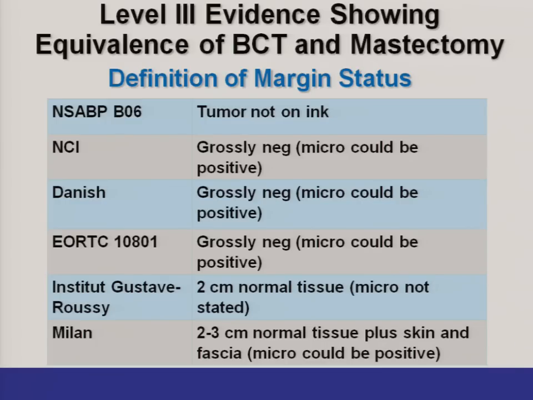EORTC, grossly negative. Microscopic could be positive. Gustave Roussy, 2 centimeters of normal tissue. They didn't state what the micro was. Milan, 2 to 3 centimeters of normal tissue. Microscopic could be positive. So these are the studies upon which we base our use of breast-conserving therapy, and look at those margins. Prospective randomized trials, level 1 data.